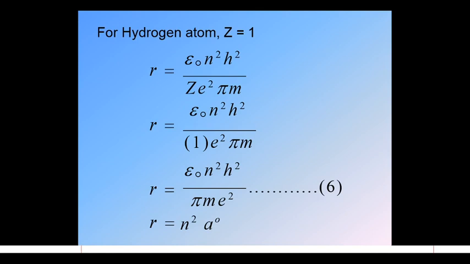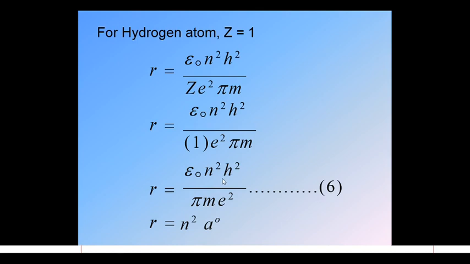And we know that for hydrogen atom, the atomic number is 1, isn't it? So you can substitute Z as 1 here and find r as n square h square epsilon 0 by pi m e square. Here you can see that epsilon 0, h, pi, m and e are all constants.